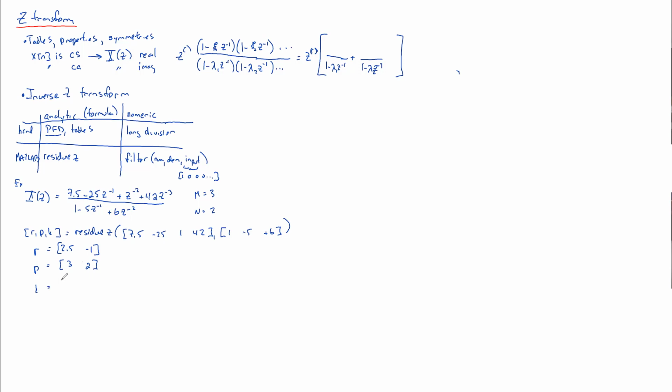And the coefficients after you divided it out to make it proper would be 6 and 7. So here are your coefficients after dividing it out, that's your k vector. Here's your r vector as the numerator. And there's your p vector. So from that, you can do the transform.